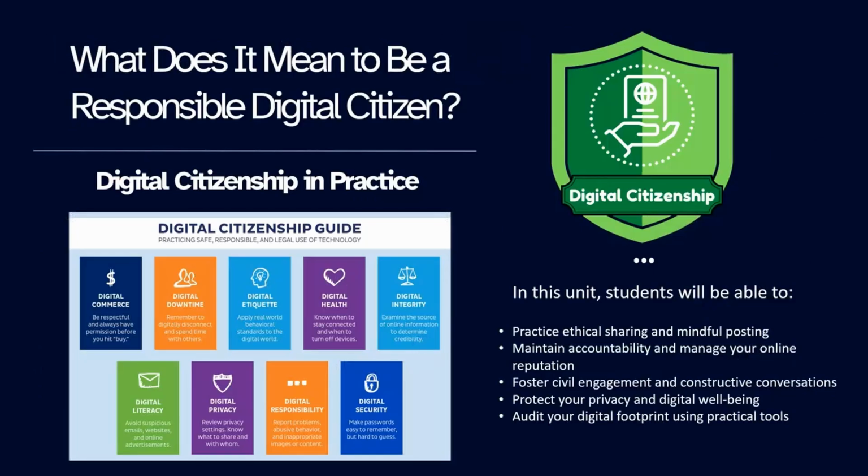Next, I want to talk about digital citizenship and what it looks like in practice. In this Unit 6, students are really learning how to behave responsibly in online spaces. That includes things like sharing content ethically, being mindful of what they post, and maintaining a positive online reputation.